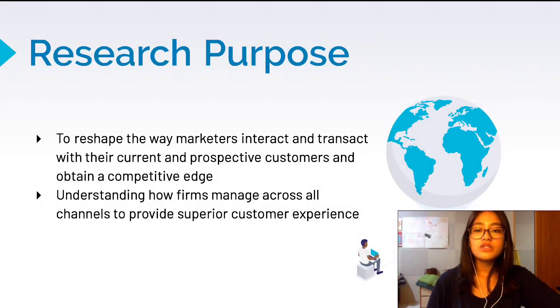And the research purpose of this article is basically to reshape the way marketers interact and transact with their current and prospective customers and to obtain a competitive edge. And secondly, understanding how firms manage across all channels to provide superior customer experience.